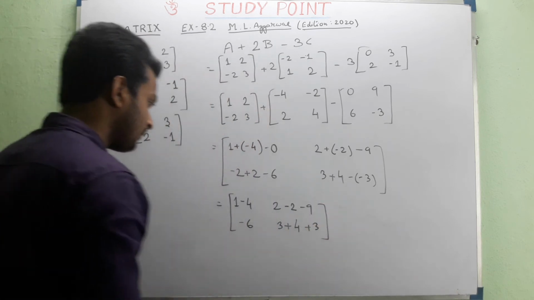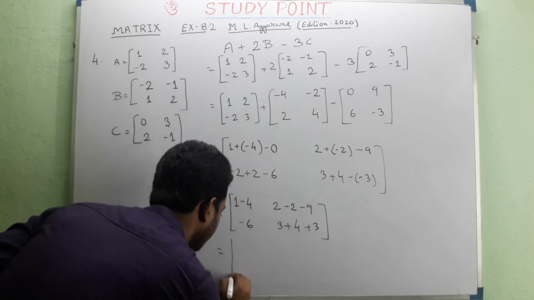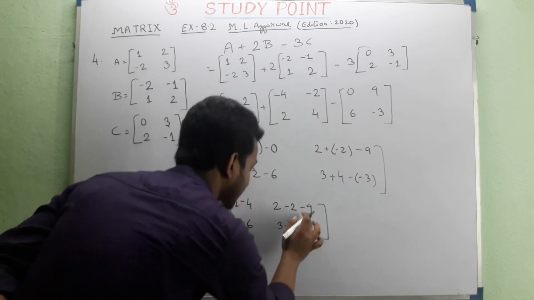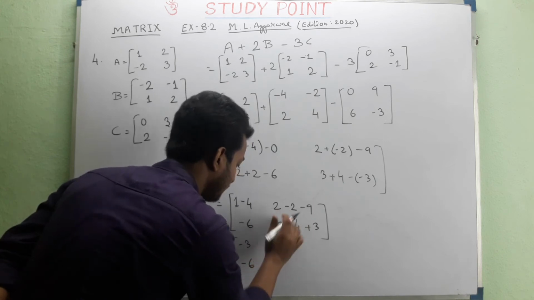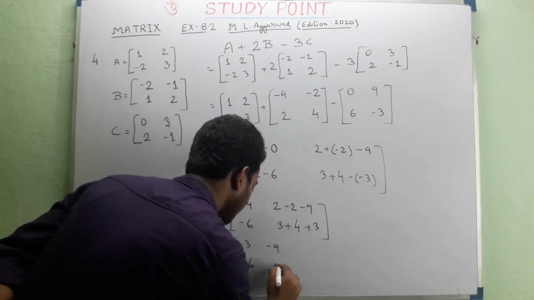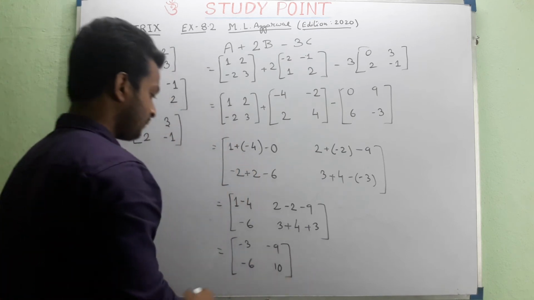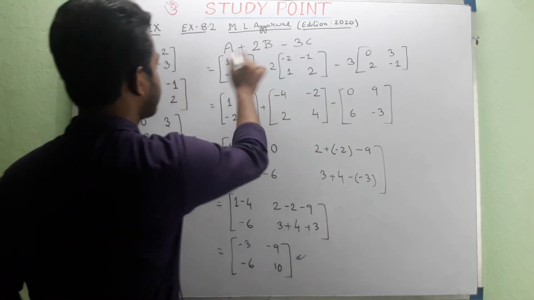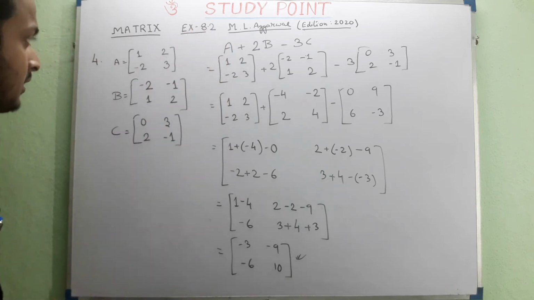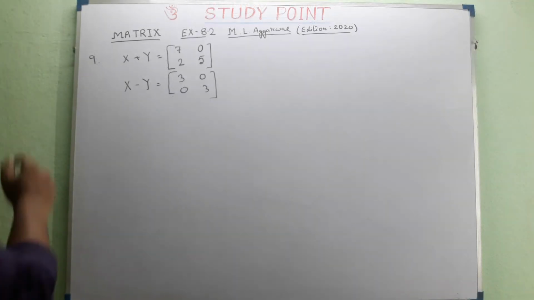See, after calculation the term will be like that. It is minus 3, it is minus 6, here also plus 2 and minus 2 will be cancelled, it is minus 9, and here it will be 10. So this is the answer of this thing. That was the question: find the value of A plus 2B minus 3C. This is the answer.